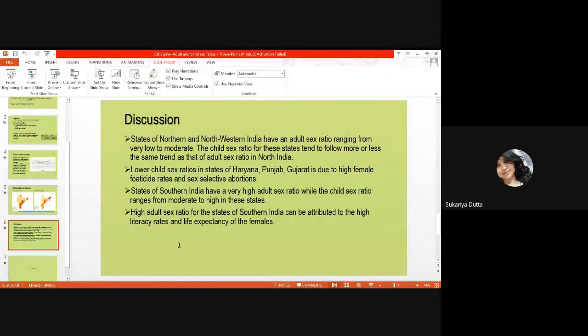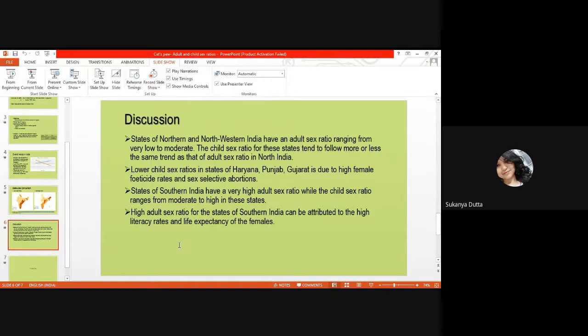Now, the lower child sex ratios, especially in the states of Haryana, Punjab, Gujarat, is primarily because of high female feticide rates, sex selective abortions, etc. Now, even though a number of laws have been enacted to stop sex selective abortions and to stop sex determination, the low child sex ratio in these states is an indication that this is still continuing in India.